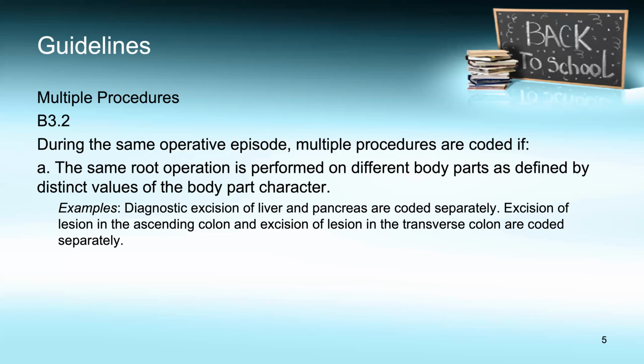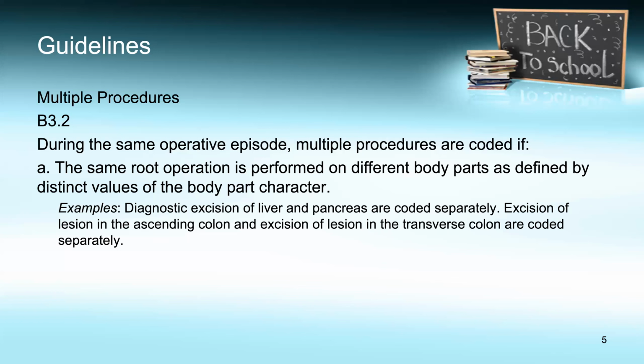So this multiple procedure guideline is telling you that when those distinct body part values are there and you perform the same root operation on those different body parts, you will code them separately. So the example given is a diagnostic excision of the liver and the pancreas would be coded separately, because the liver is going to have its own body part value and the pancreas is going to have its own.